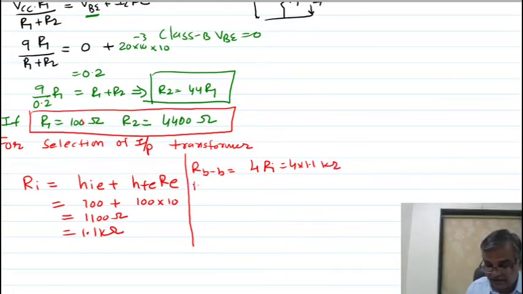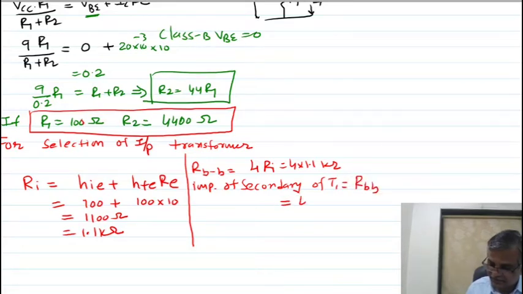Therefore the impedance of the secondary of TI is nothing but RBB, which is 4RI. It is 4.4 kilo ohm.